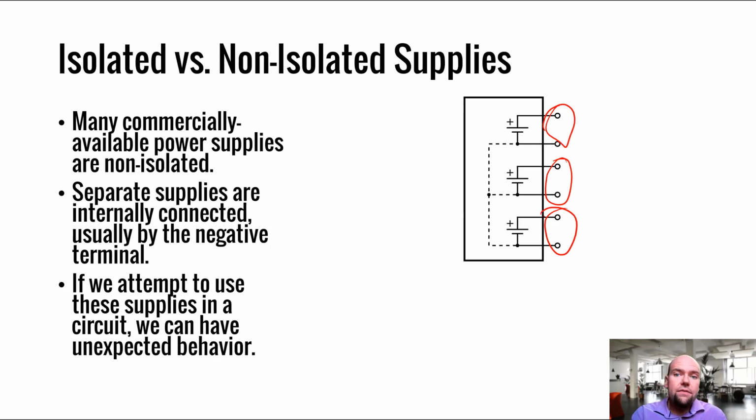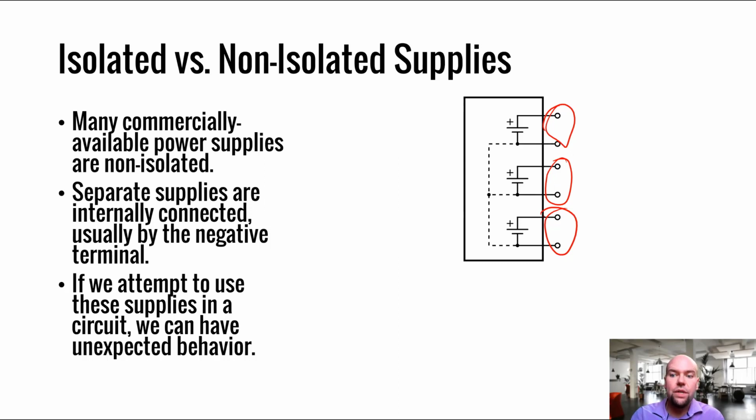But in fact, a lot of supplies are non-isolated, which means that each of the voltage supplies or current supplies in the piece of equipment are not actually separated from one another. There's some limitation to how you can configure them, either on the range of voltages that can exist between the supplies.